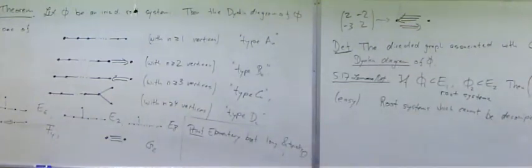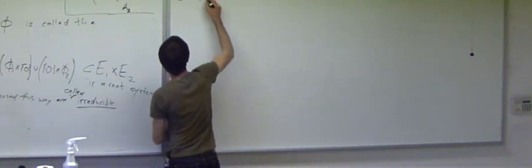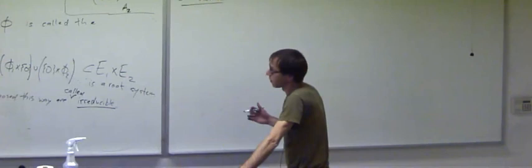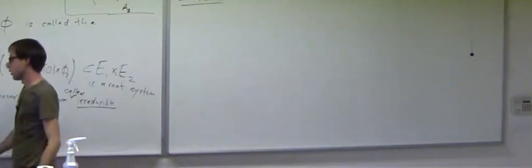So how does this relate to the Lie algebras? Recall we wanted to classify semi-simple Lie algebras, and these are classified by the Dynkin diagrams of all root systems.